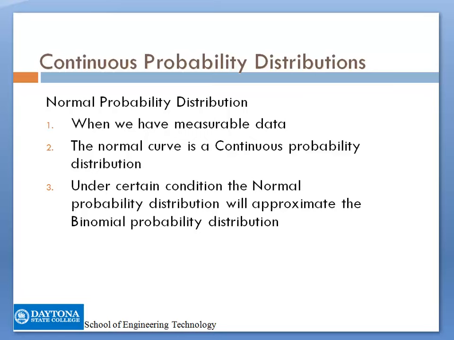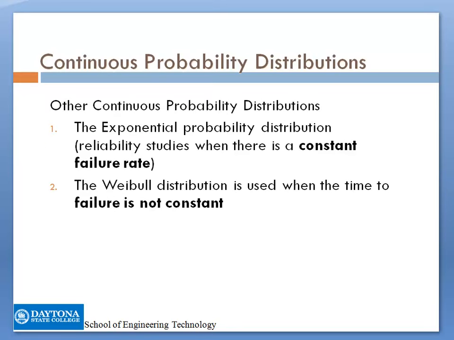Now, for the continuous probability distribution, this is when you can have decimal places, when you can measure the data. We have seen this is the normal probability distribution. So once again, when we have measurable data, we use the normal distribution, and there are certain conditions under which the normal probability distribution will approximate the binomial probability distribution as well.